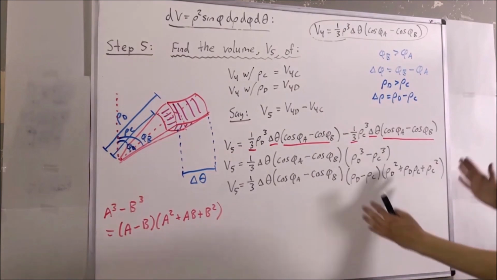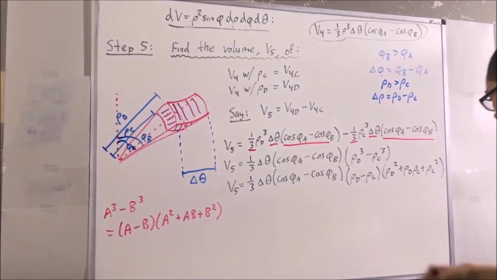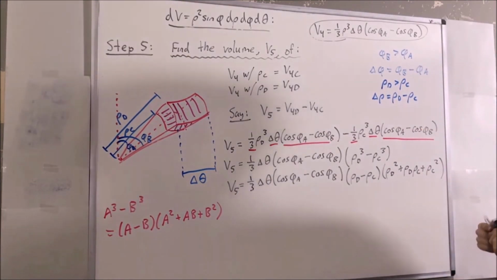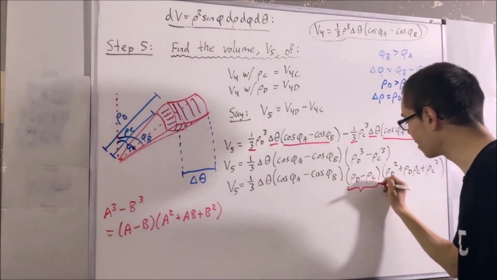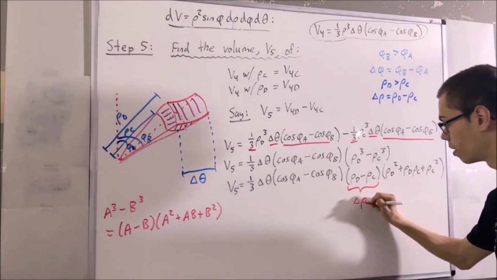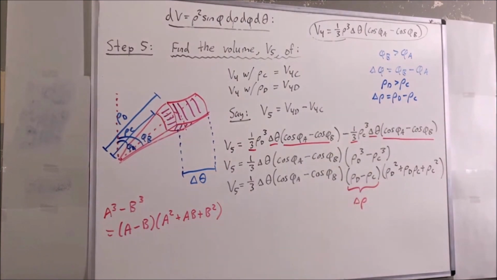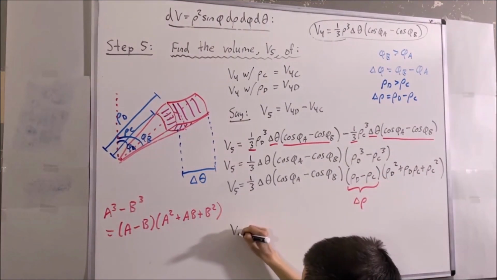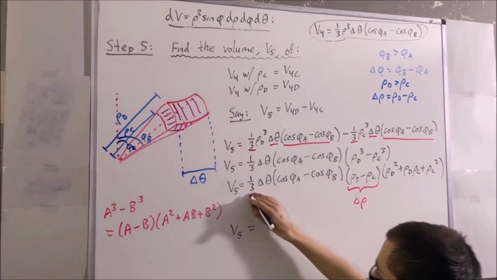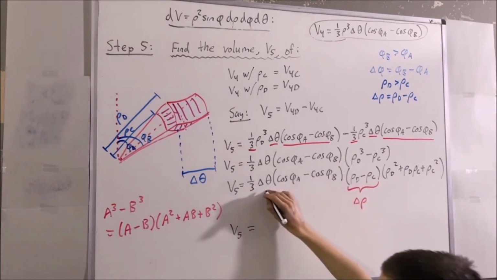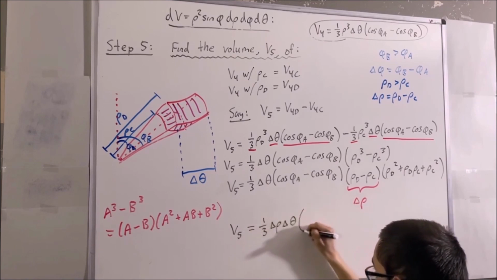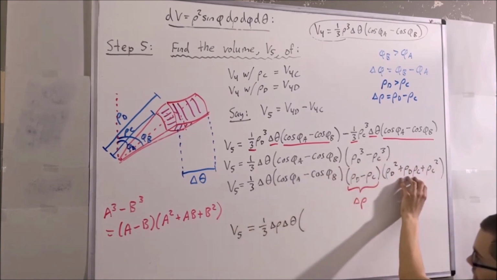So this right here is volume 5. Now that we've done this, we could rewrite this as delta rho, because that's exactly what we called it right here. So we're just going to replace this with delta rho. We can rewrite this as 1/3 delta rho delta theta times this times this.